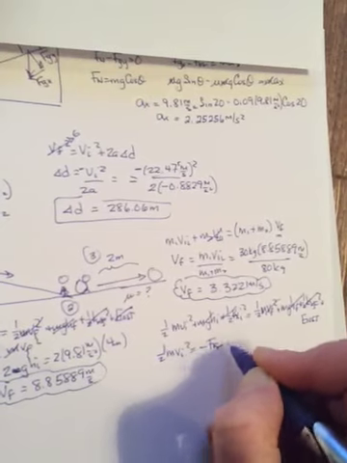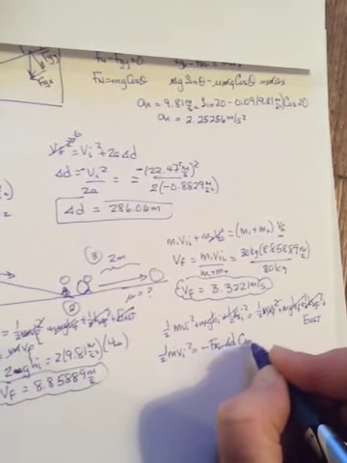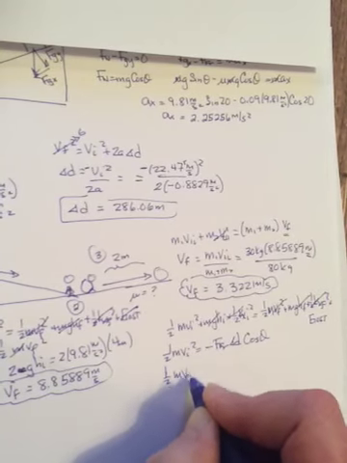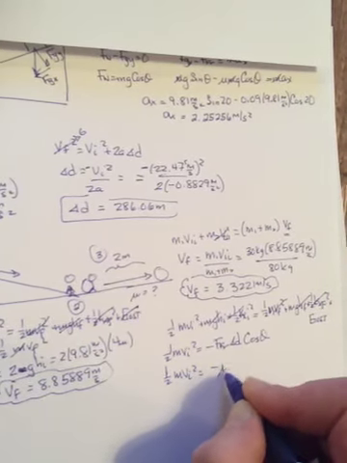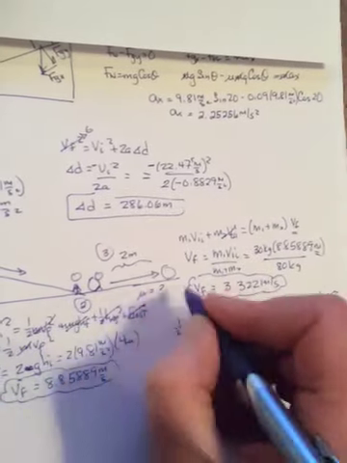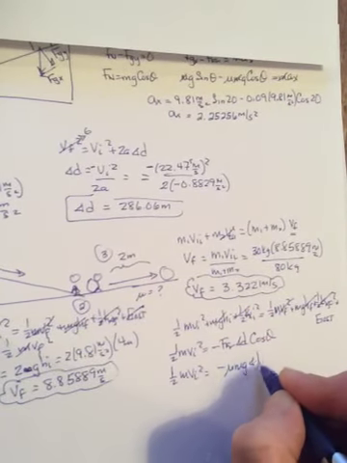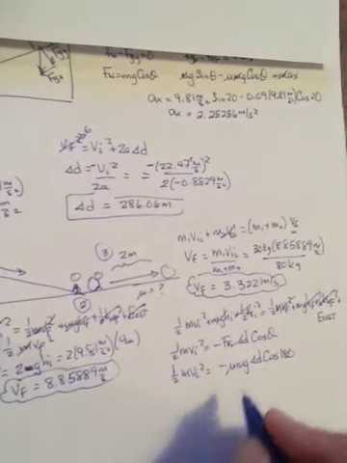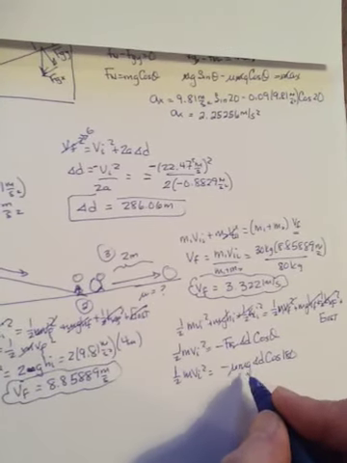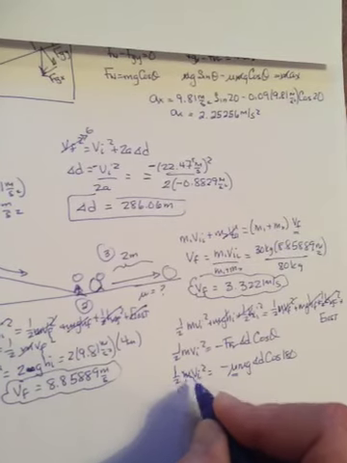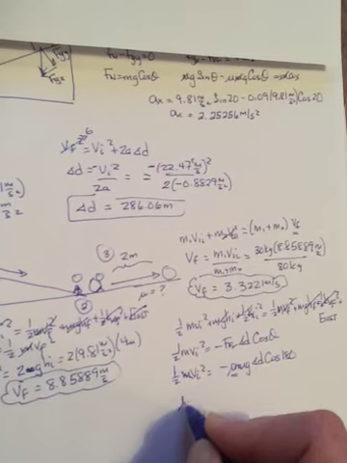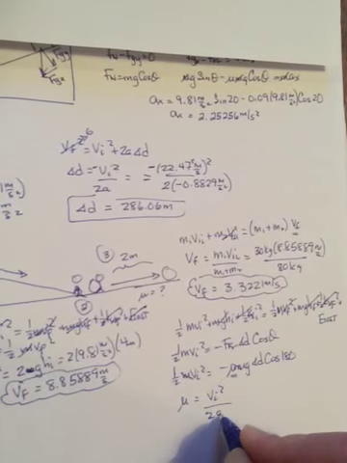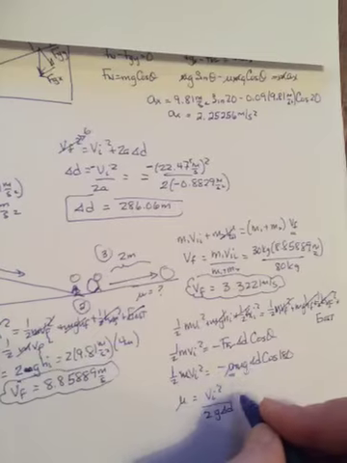So the negative, because friction's going backward, mu mg delta d cos theta. So 1/2 mv initial squared equals negative mu mg, because it's on a flat surface, no cos theta, delta d, and this cos theta is going to be cos 180, and so the negatives will look after themselves, and we're looking for mu. So the m's are going to cancel. So we're going to have mu is equal to vi squared over 2g delta d, and the negatives are gone.